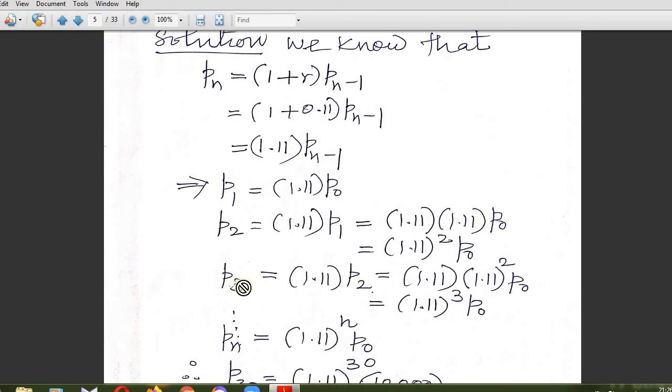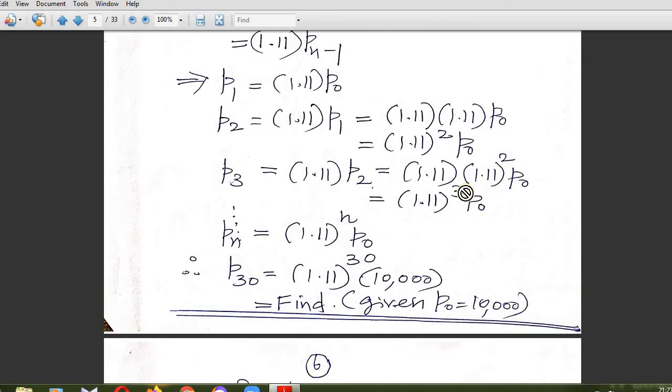Now what would be P3? The third year total amount in the bank, by this formula, P3 equals 1.11 times P2. Here P2 equals 1.11 squared into P0, so P3 is 1.11 into 1.11 squared into P0. In the place of P2 we substituted this.